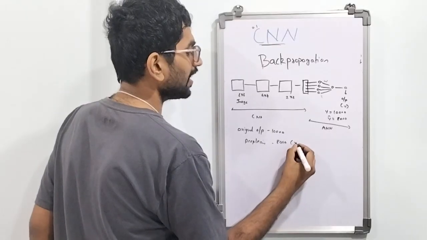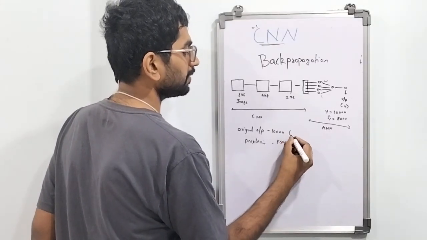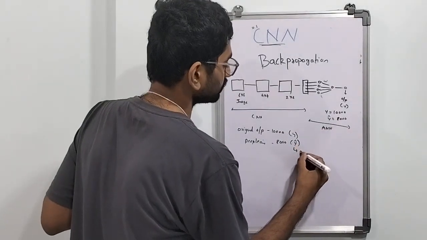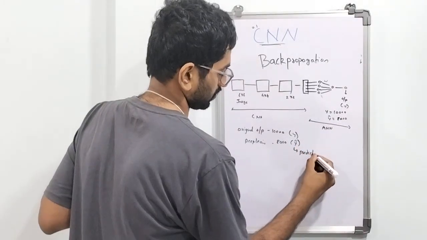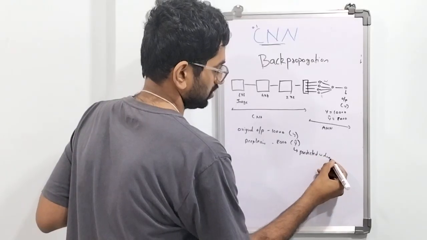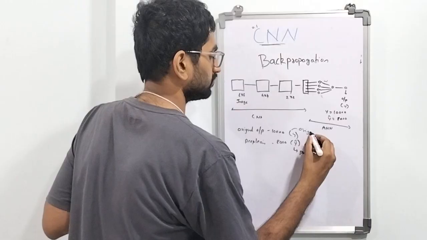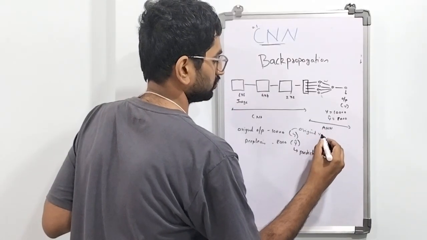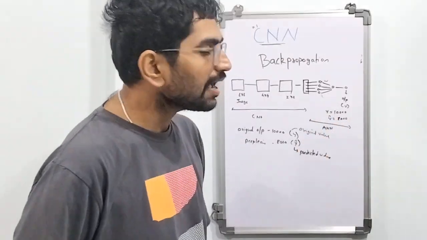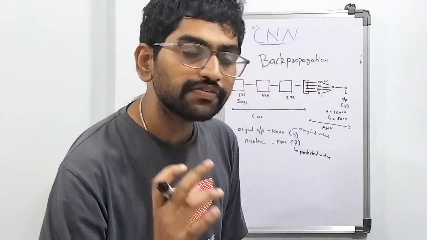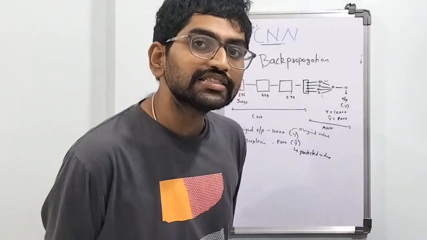We represent the predicted value as y hat, and the original value as y. So what is y hat? The predicted value. And y is the original value that you should get when you pass the data. Your model should give 10,000, but it is giving only 8,000. So what does this mean?